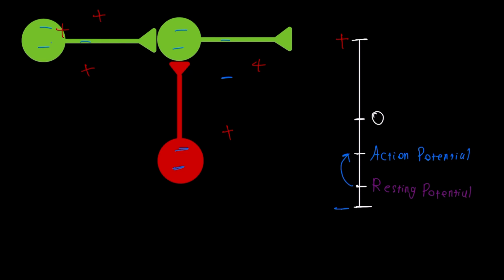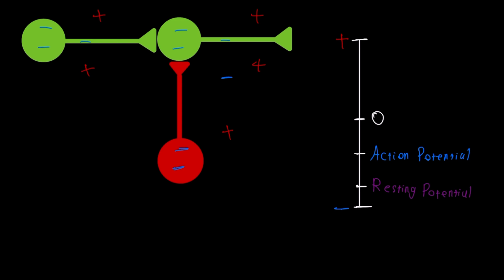When it's activated, an electrical impulse or a message will be sent down the axon, and that will cause the ions from outside to go in, which will then fire this one, and if you had more neurons, it would just go on and on. So that's how the chain reaction starts.